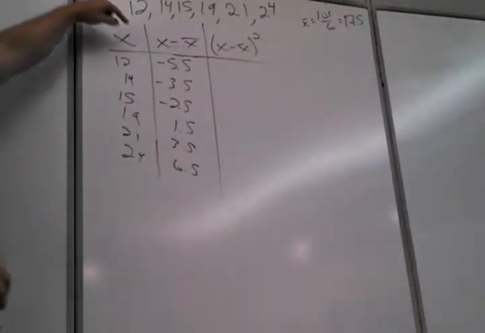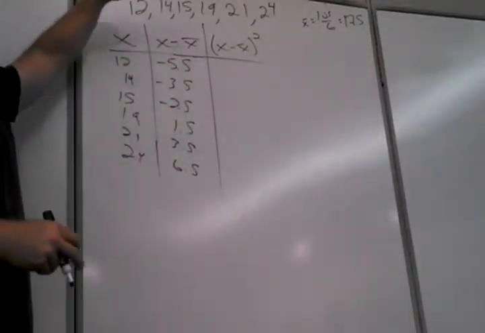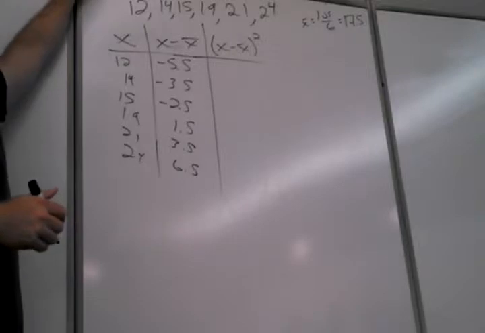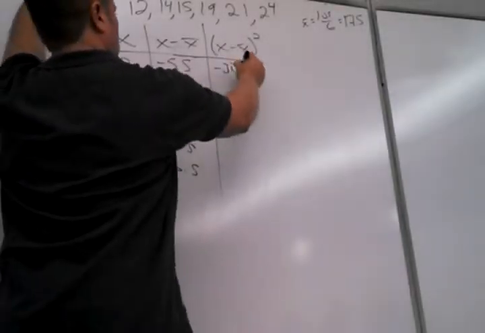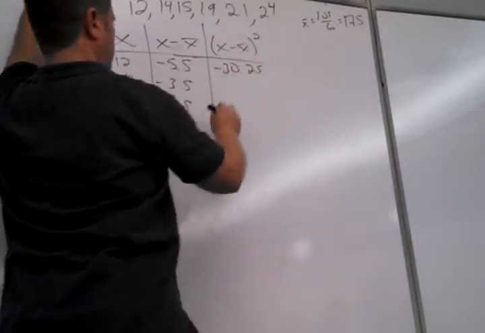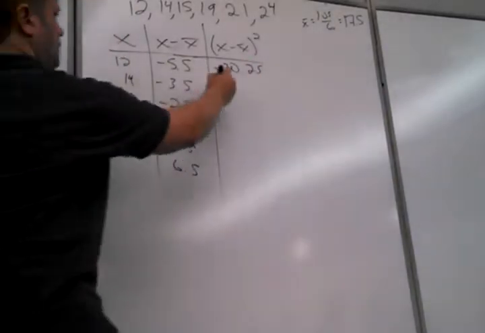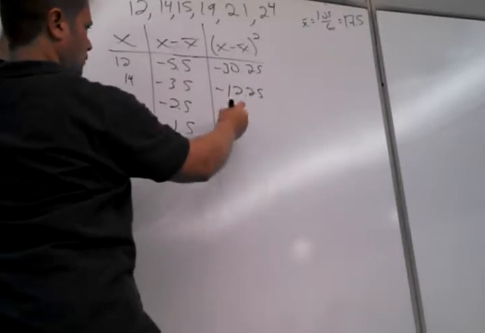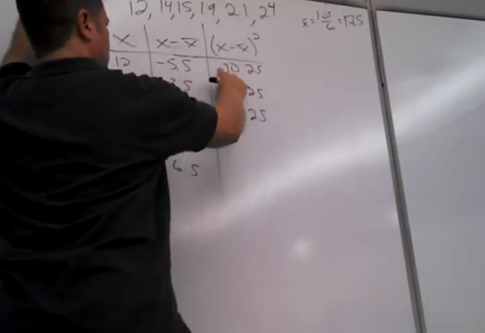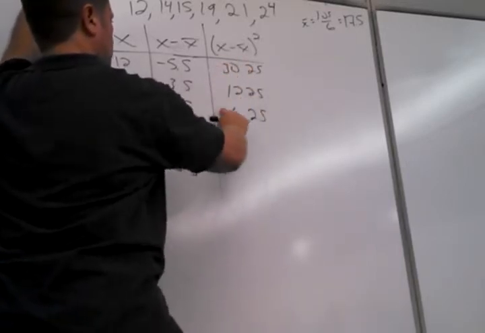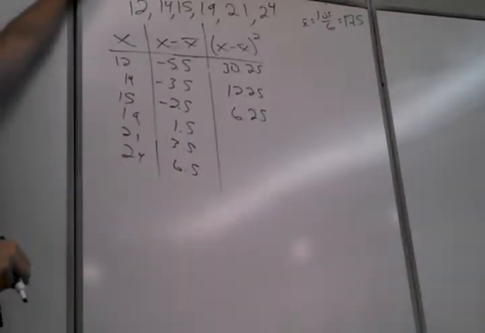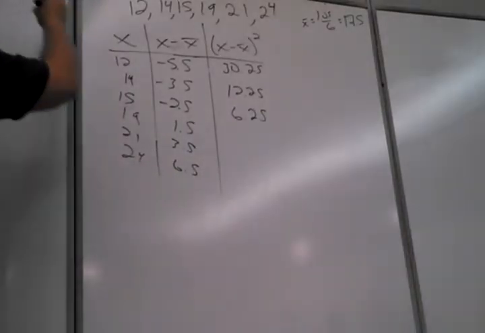Okay, cool. So what's negative 5.5 squared? 30.25. And then negative 12.25. Wait. Why are you coming up with negative? The square comes out positive. Now, don't hold it against your calculator.